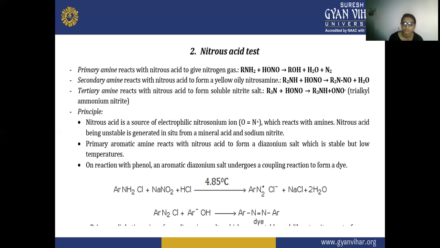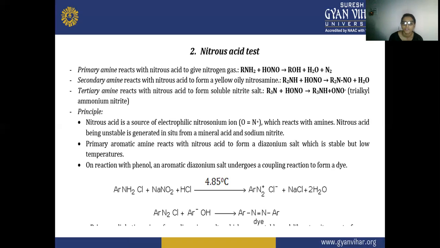After this, this diazonium salt reacts with phenol, and there is a formation of a dye. So here the primary aromatic amine is reacting with the nitrous acid, that is your NaNO2 plus HCl, at a low temperature, 0 to 5 degrees centigrade.